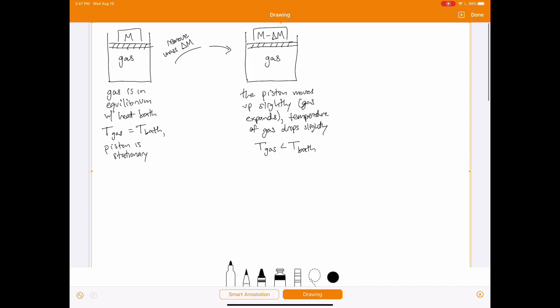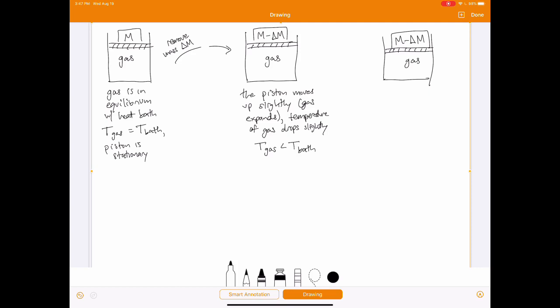Okay, so next, what will be happening? Well, we have M minus delta M sitting on top of the piston, and the gas is inside of the cylinder. What happens if the temperature of the gas is less than the temperature of the heat bath?